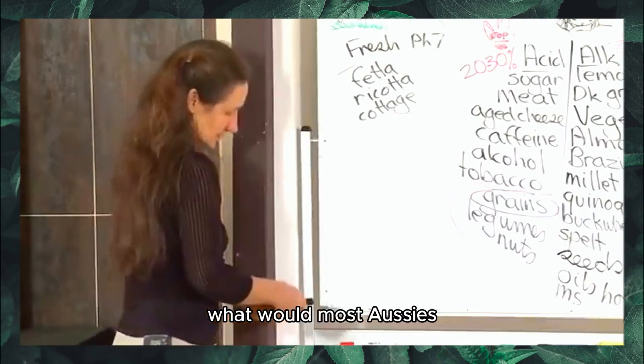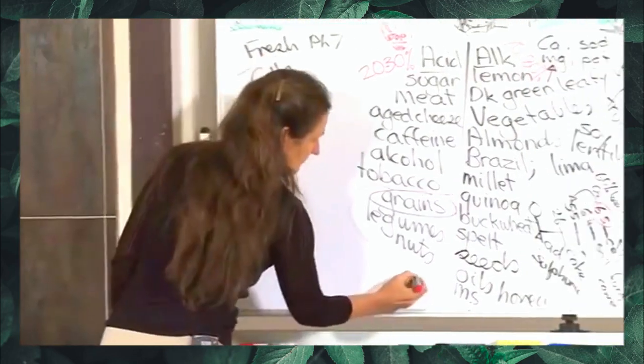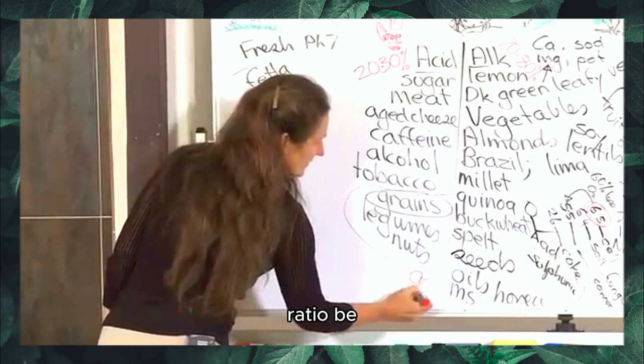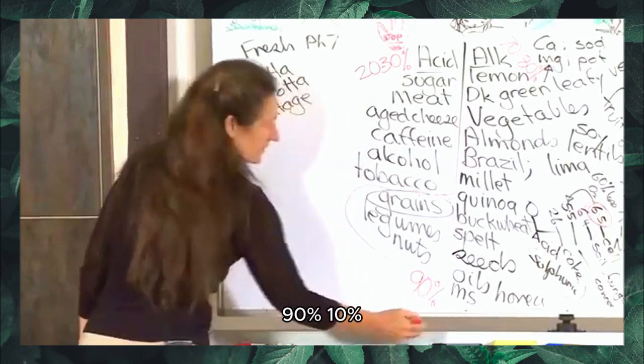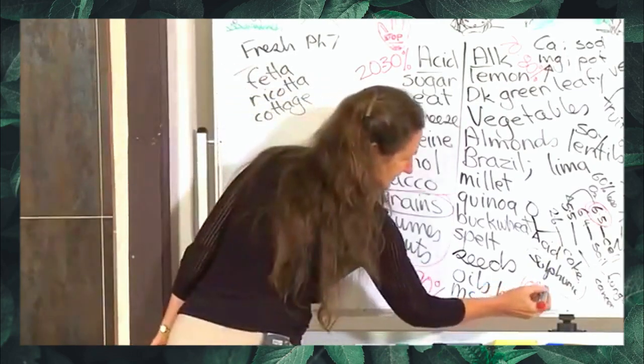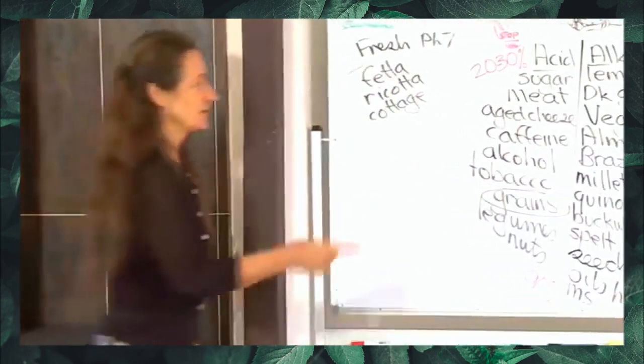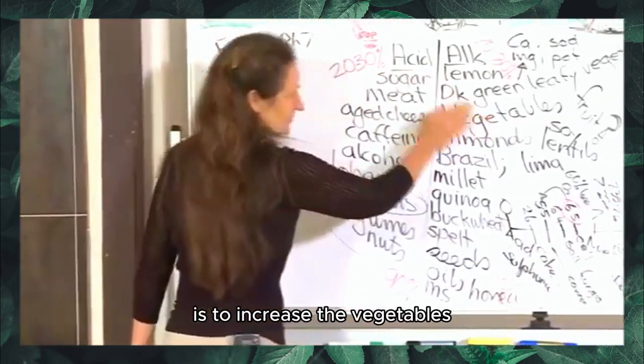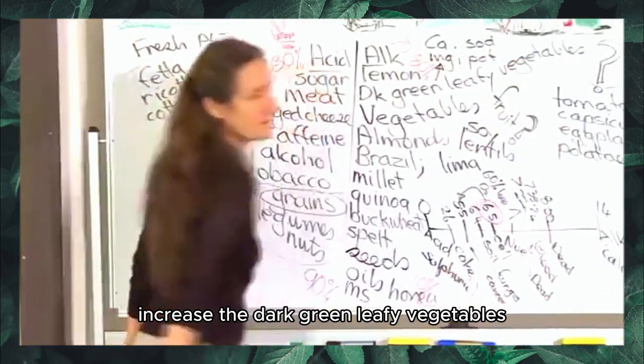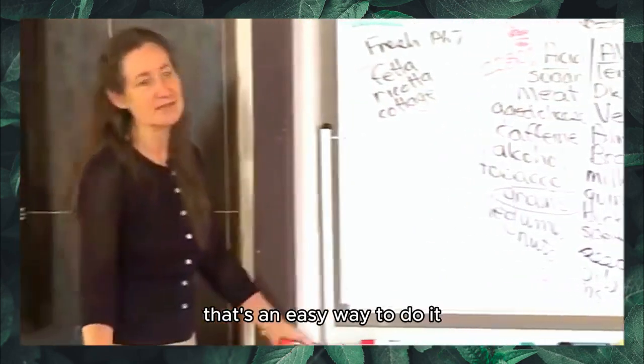What would most Aussies' ratio be? 90%, 10%? One of the easiest ways to shift the ratio is to increase the vegetables. Increase the dark, green, leafy vegetables. That's an easy way to do it.